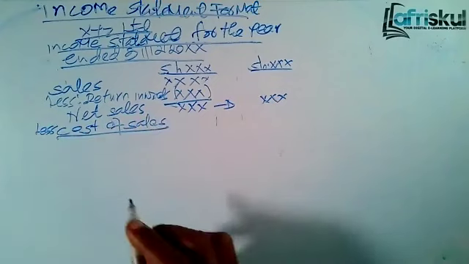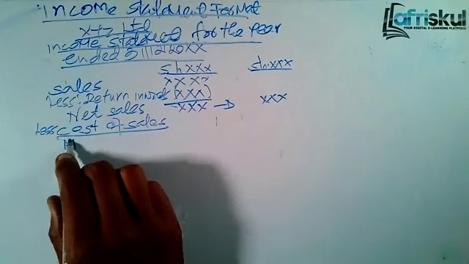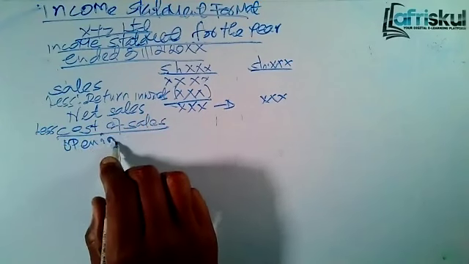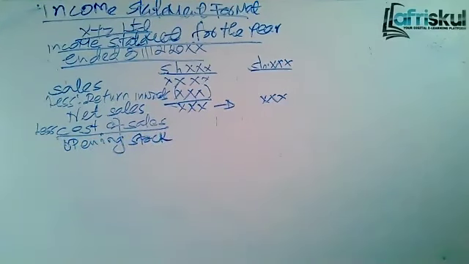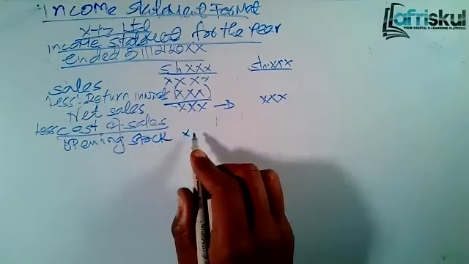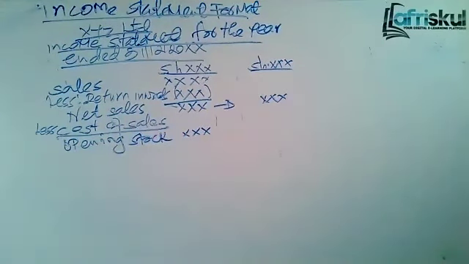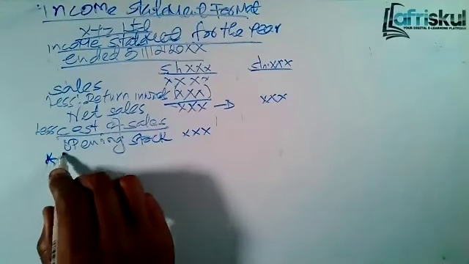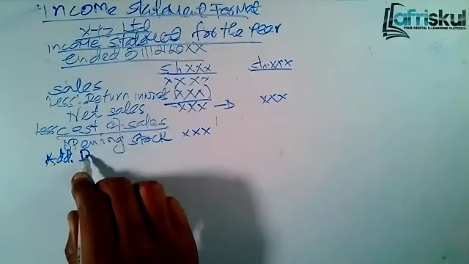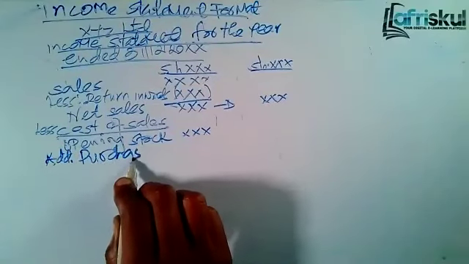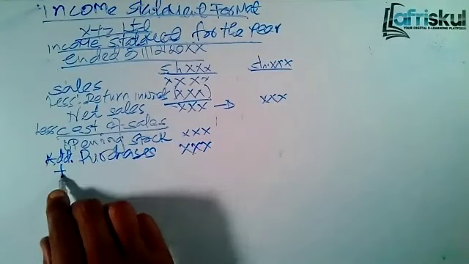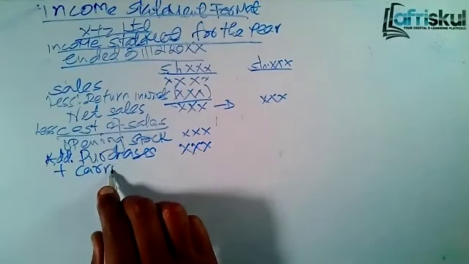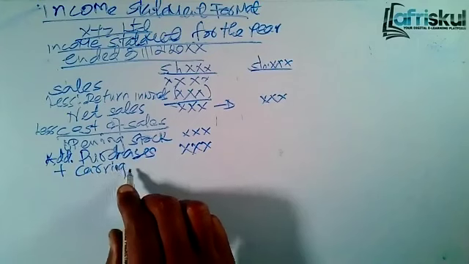And on the cost of sales, we'll begin with the opening stock. On the opening stock, we will bring that value there. You add the purchases. Then you also add the carriage inwards.